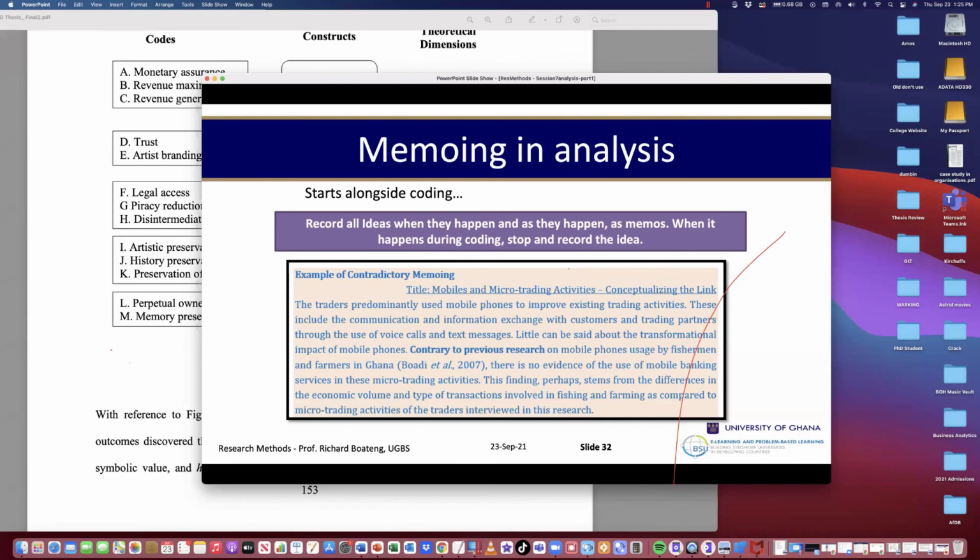The reason why I didn't see mobile money being used for my study in around 2011 was that, one, it could be the fact that the volume of trade was not high enough for market women to consider using mobile money as of that time. But now that the volume of trade is increasing, they would have been using it. But at that time, the volume of trade between farmers and fishermen and those who buy from them was high.